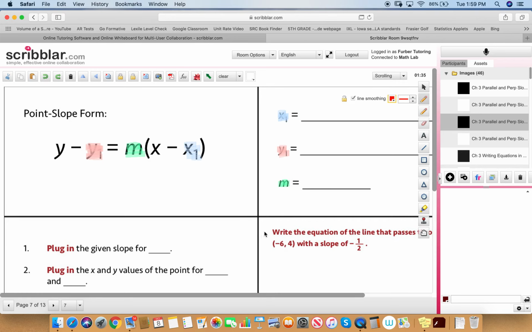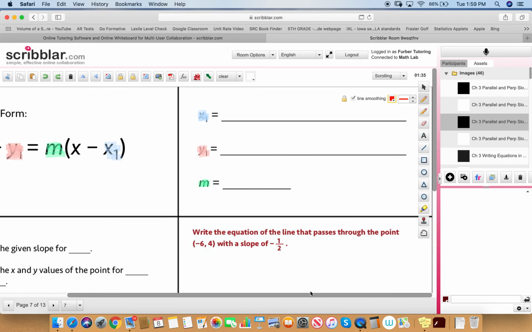Where do those numbers come from? Well, the x1 that you're going to fill into the formula is going to come from the x-coordinate of any point on the line. And likewise, that's what y1 stands for. It is the y-coordinate.